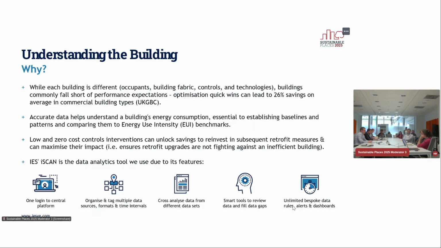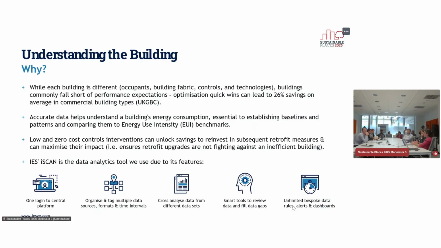And so the accuracy, that transparency you mentioned, yeah? Having accurate data on the building consumption is essential, because with that we can establish baseline patterns of consumption, compare it against benchmarks, and understand: is it doing well, is it doing poorly? Then after that, we can go in and make low or zero cost interventions and controls that help save money.